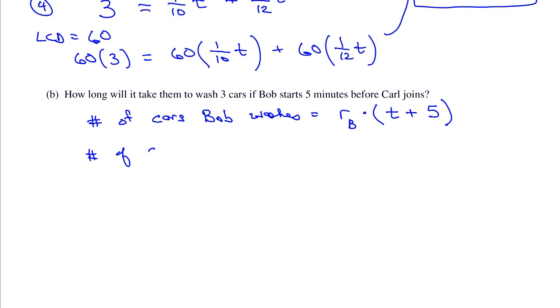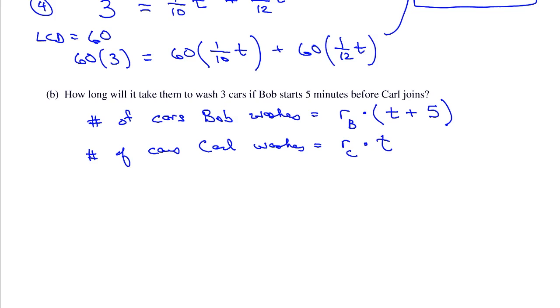The number of cars that Carl washes is the same as before. R sub c, the rate at which Carl washes cars, times t, the time at which they work together. So Bob is the only one that's working by himself, so he has more time to wash cars, and that's why you have t plus 5.